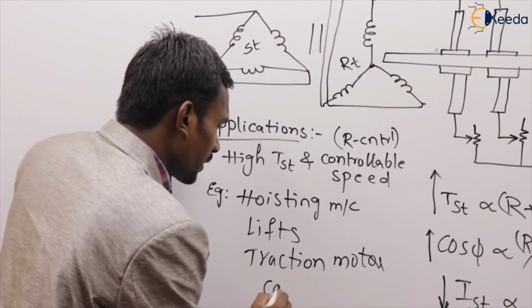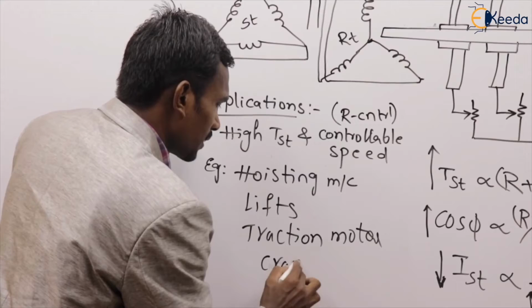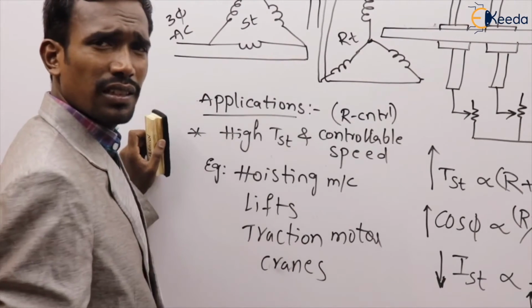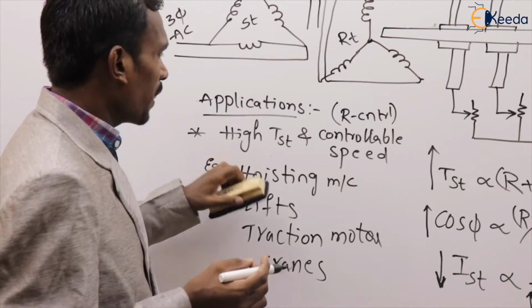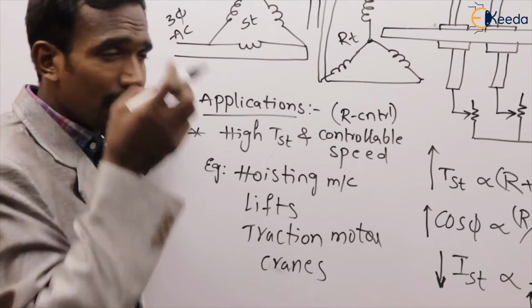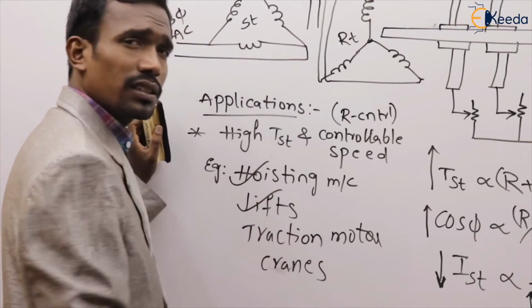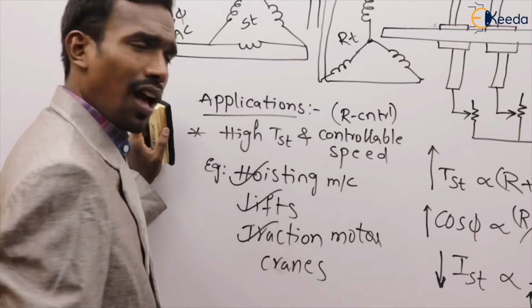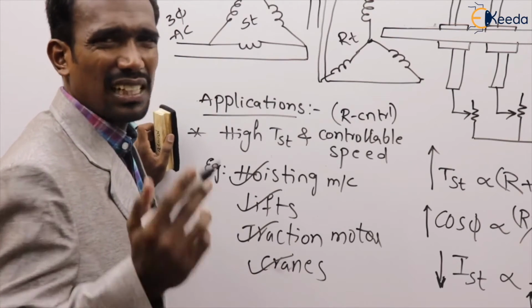And generally we are using in cranes. Cranes. These are the best examples for applications of slip ring induction machine. What are the applications of slip ring induction machine? First one, hoisting machines. Second one, lifts. And next one, traction. And next one, cranes. And next one, elevators, etc.